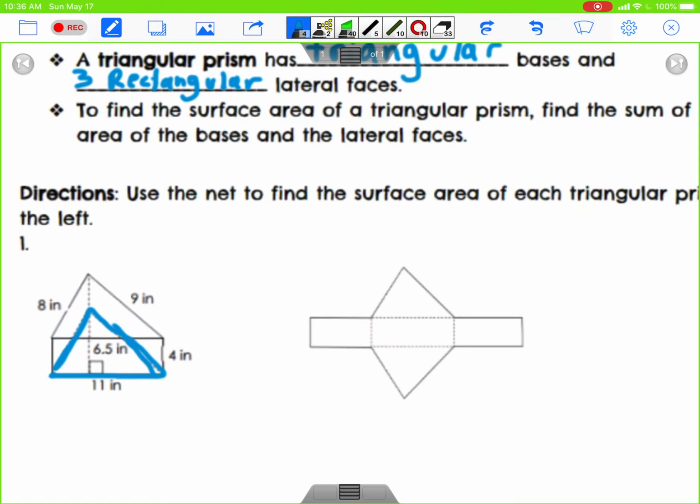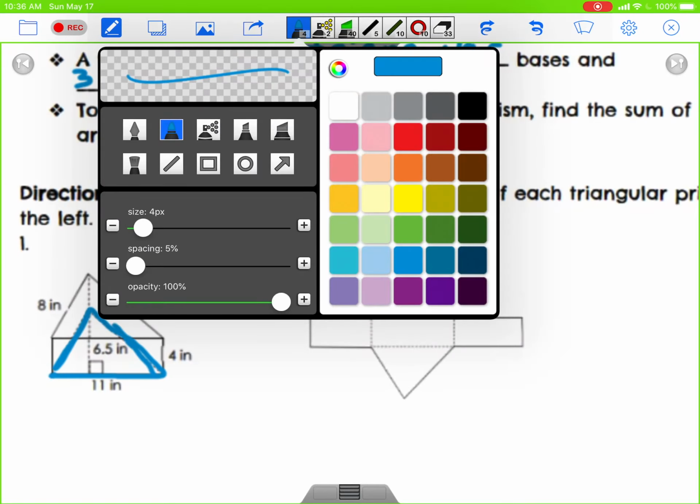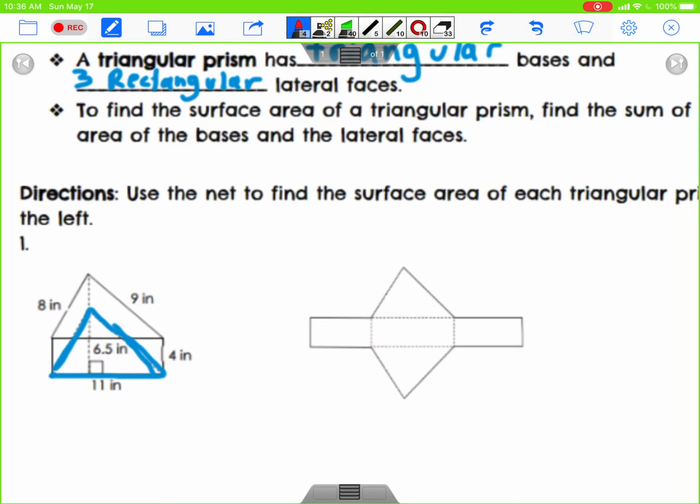If you remember when we were doing area of a triangle, you always want to look for where the right angle is. That tells you where your base and height is. So we have the right angle right here, so the two sides that it's connected to, this one right here and this one on the bottom, that tells you your height and base. That's the easiest it could be.